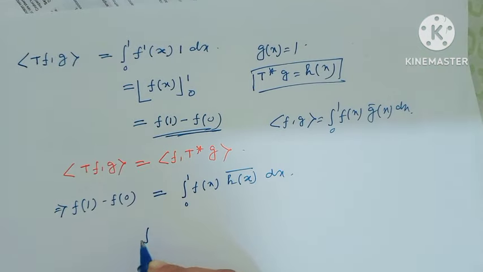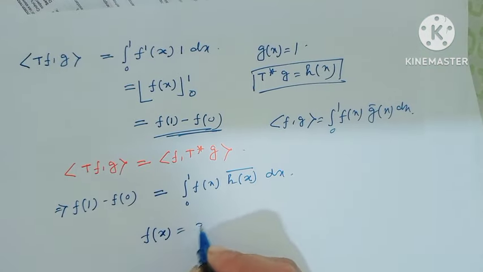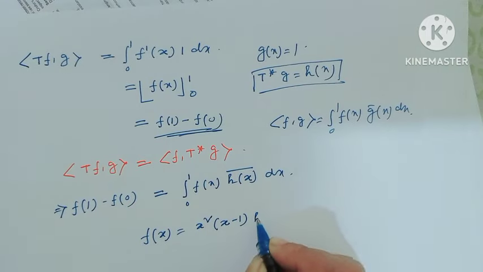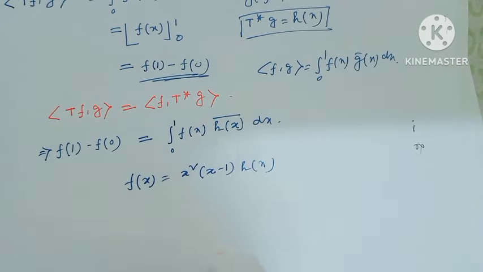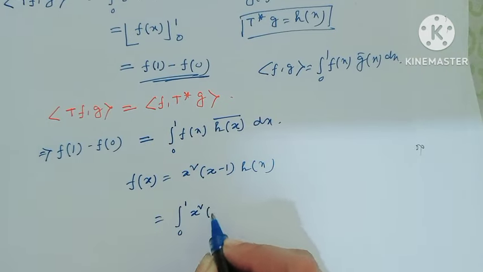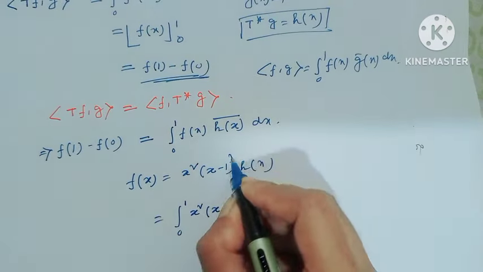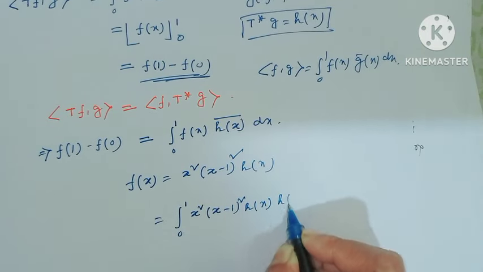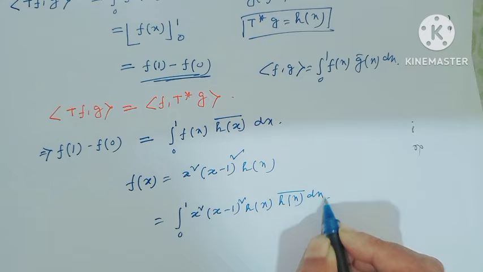Consider f(x) equal to x square times (x minus 1) whole square times h(x). Now put in the value: this is the integral from 0 to 1 of x square times (x minus 1) whole square, h(x) times h(x) bar dx.